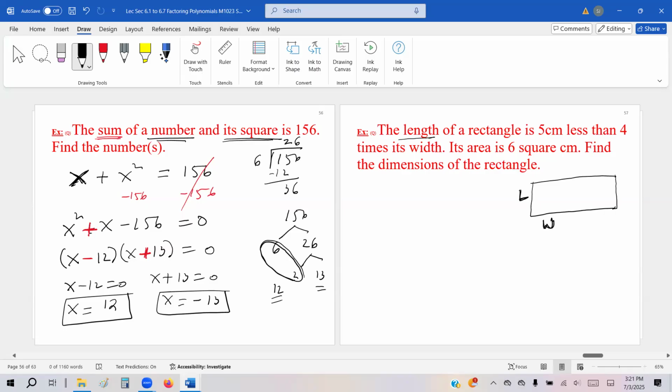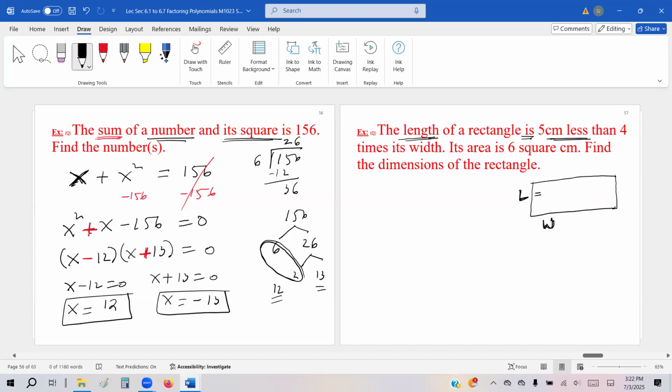It says length is 5 centimeters less than 4 times the width W. What does 5 less mean?